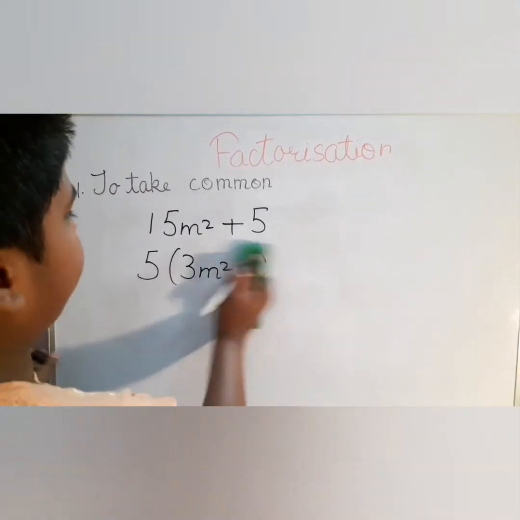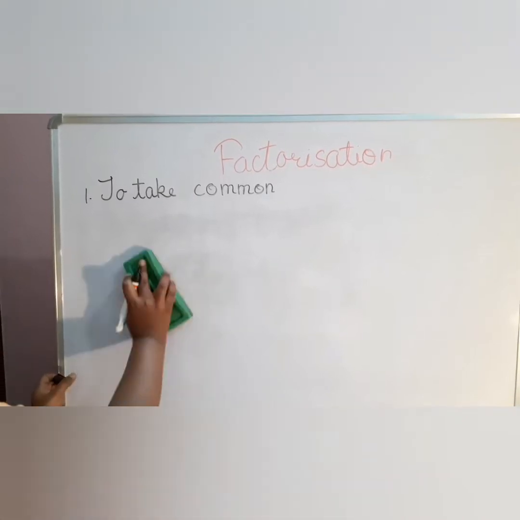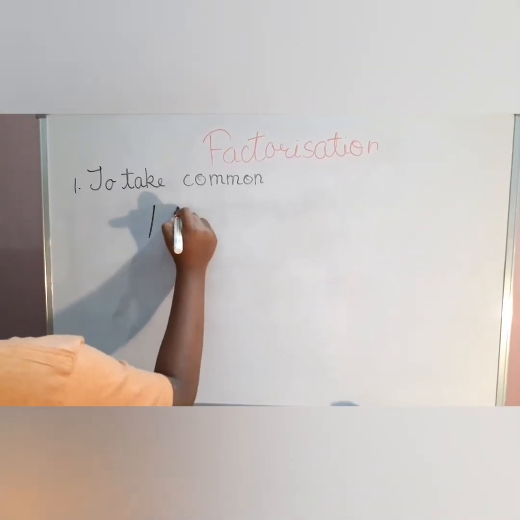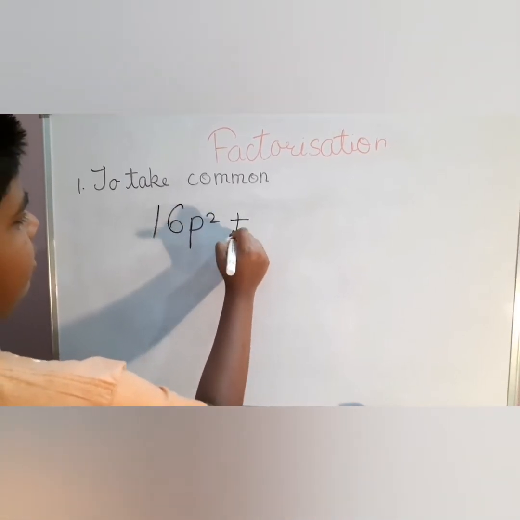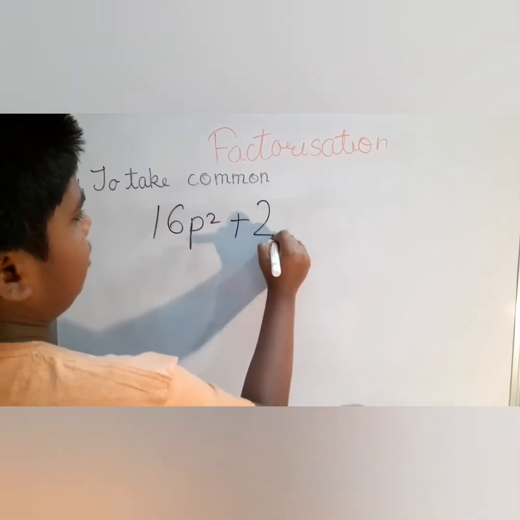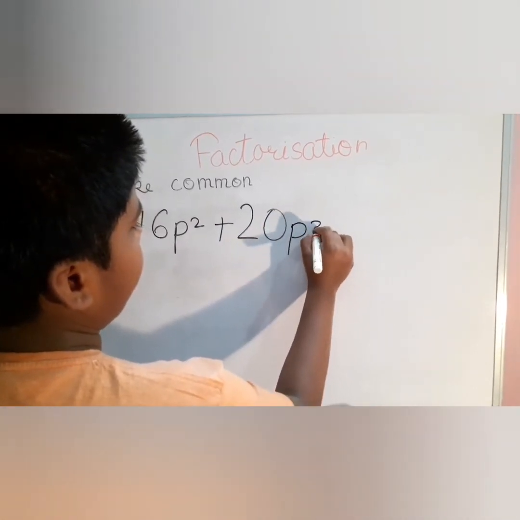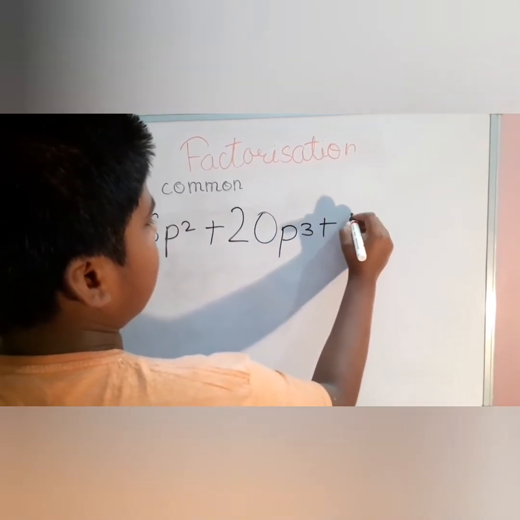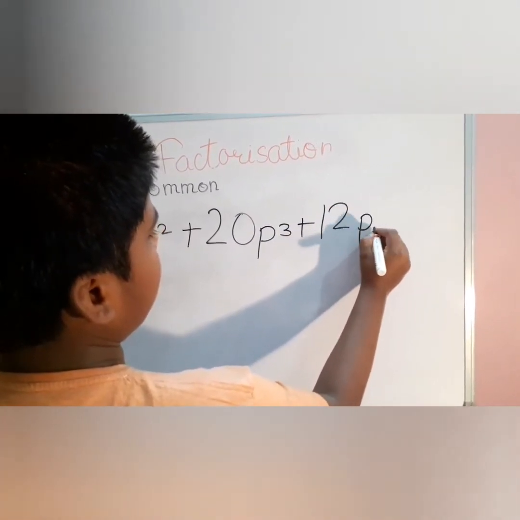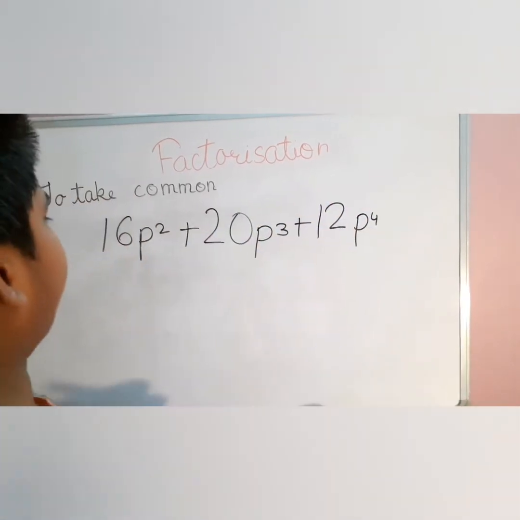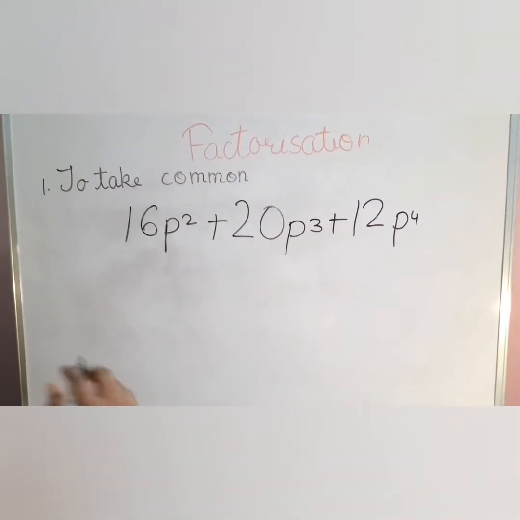Second example. 16p square plus 20p cube plus 12p raised to the power 4. In this we can take 4p square as common.